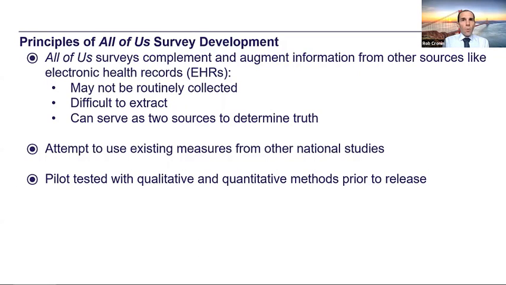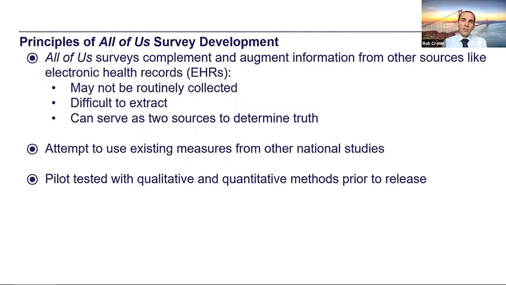And then even though we try to leverage the qualitative and quantitative information, our population may be a little bit different than the folks who may have gotten those questions before. So we also do some qualitative and quantitative methodology of pilot testing these questions.